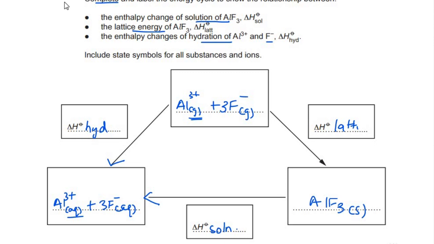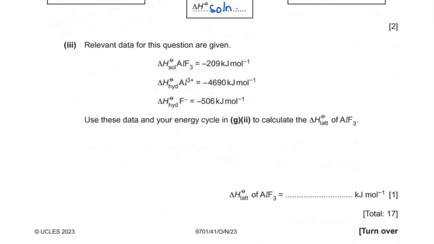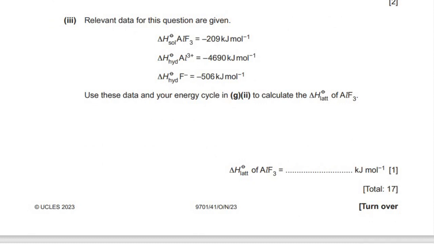You can also change the position of all this. The condition applies that the direction of the arrow should be correct. Only one direction arrow is given, the remaining two you have to make. So it totally depends on you. You can definitely change the position, rotate it one more time and write the positions correctly with the correct enthalpy change name. Here they have written relevant data for these questions.